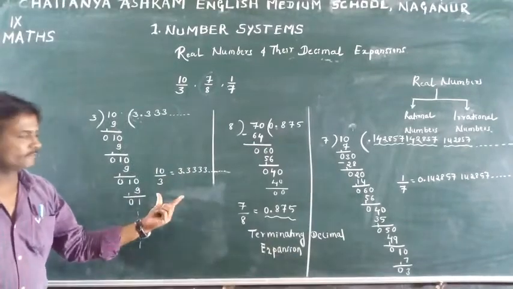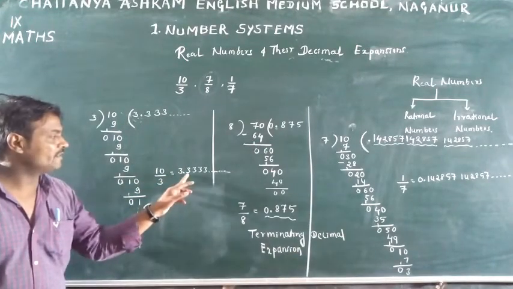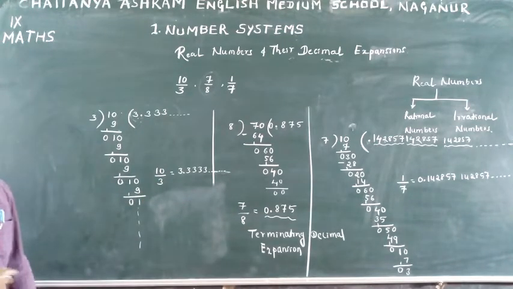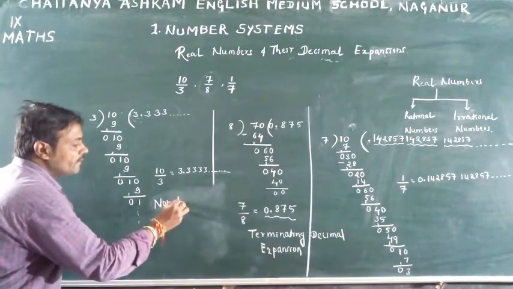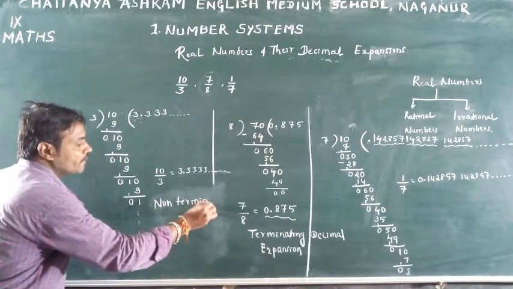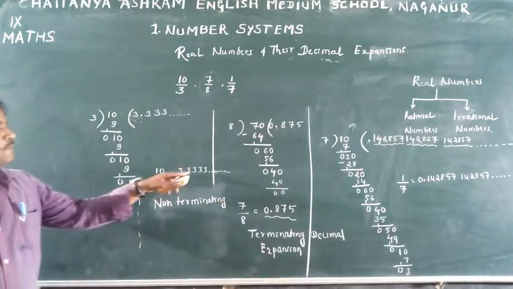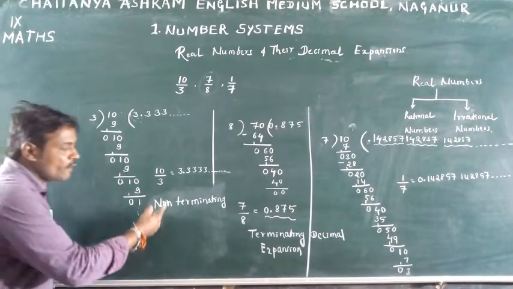Consider here. So division process is not completed and the digit 3 is repeating now. Such kind of decimal expansion is called non-terminating, which means division process not completed. That's why non-terminating.